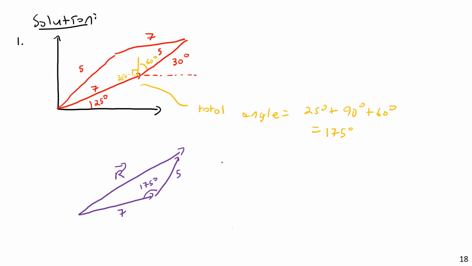So I can say then that r squared is equal to a squared plus b squared, that's going to be 7 squared plus 5 squared, minus 2 times 7 times 5 times the cosine of 175 degrees. Isn't that lovely?